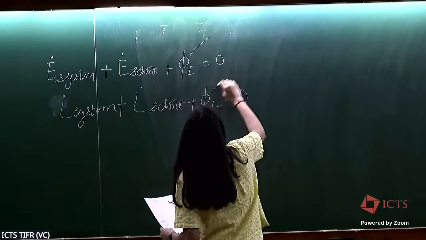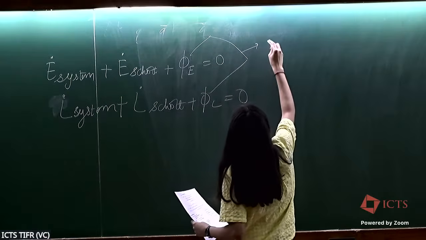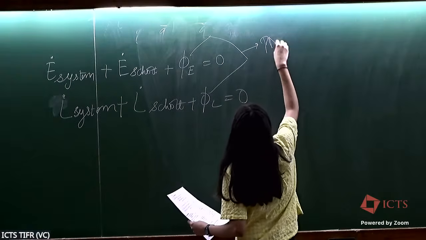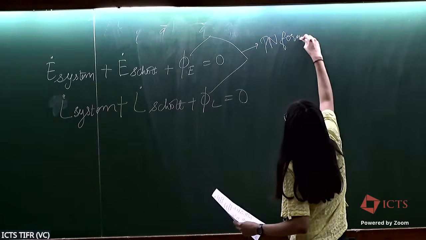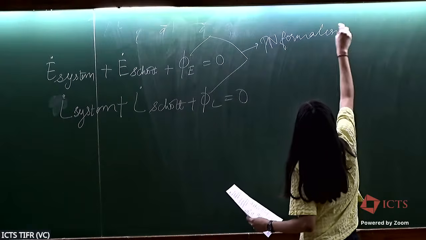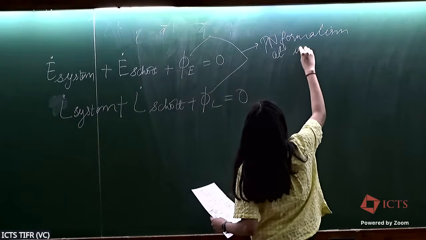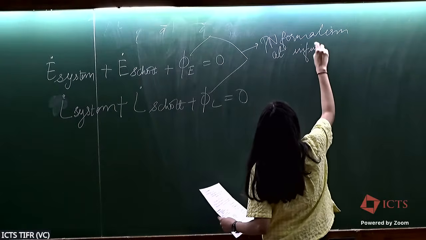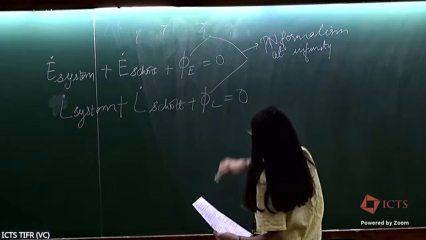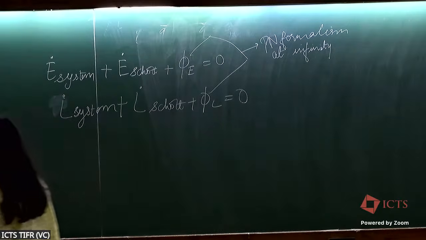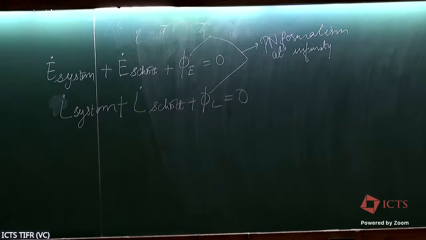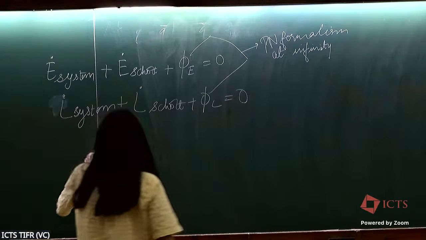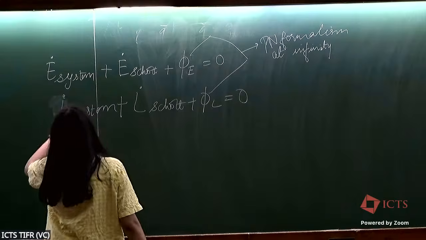And this Phi_L and Phi_E are the losses computed in PN formalism at infinity.